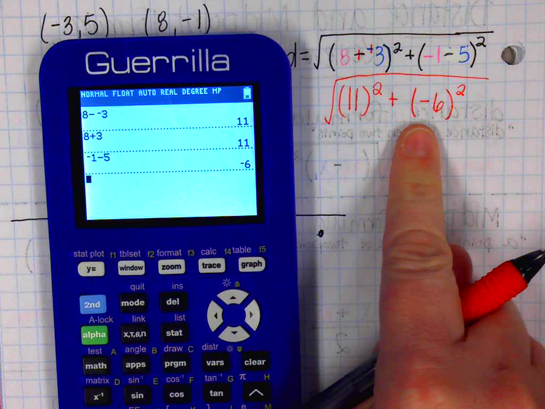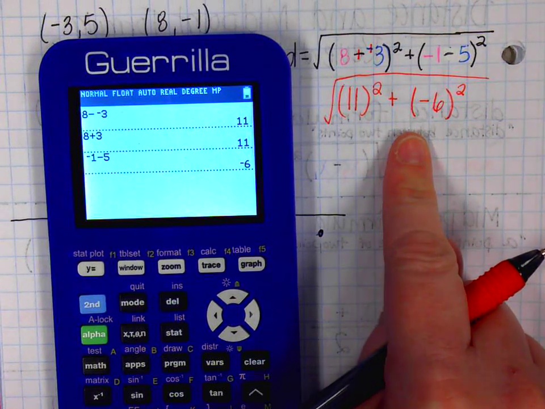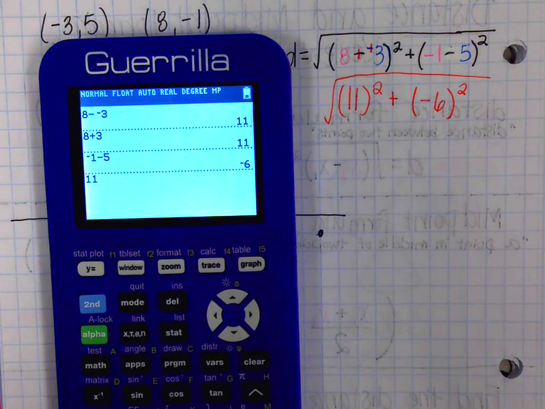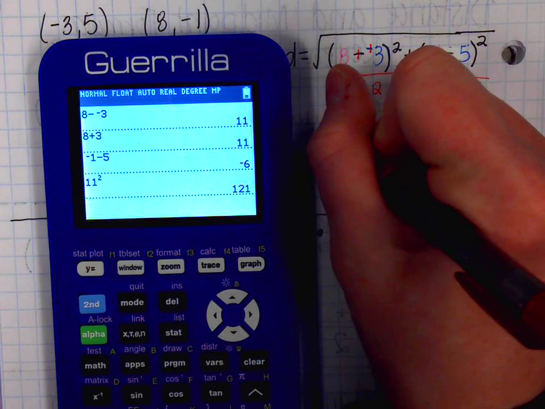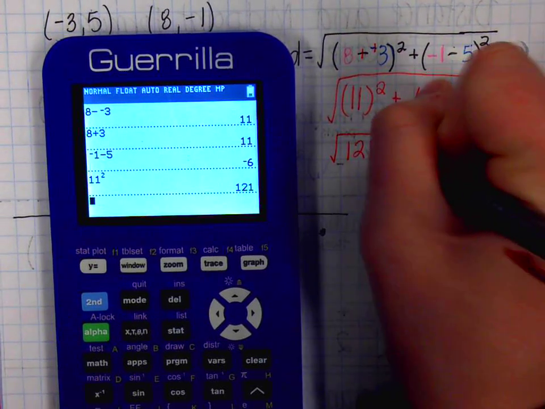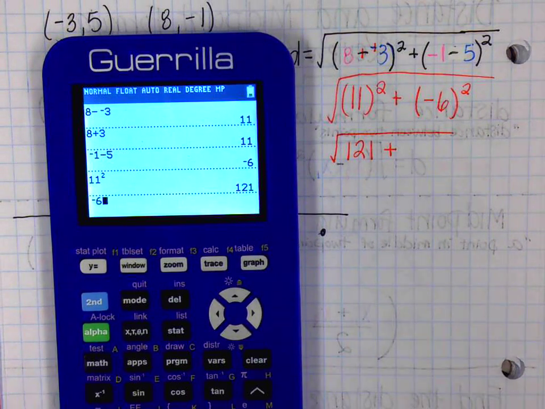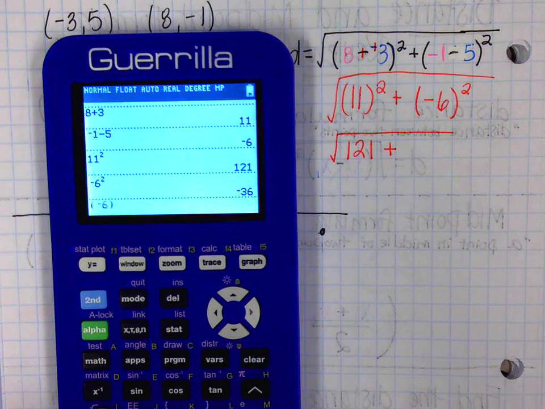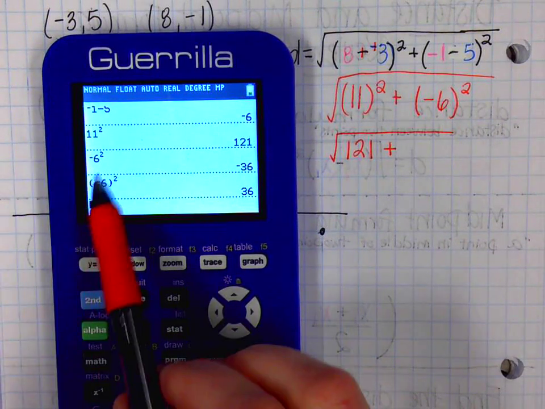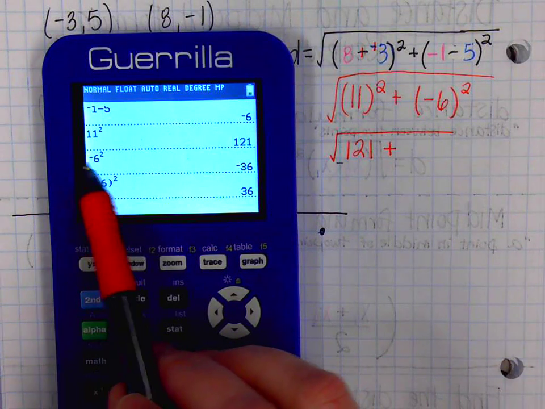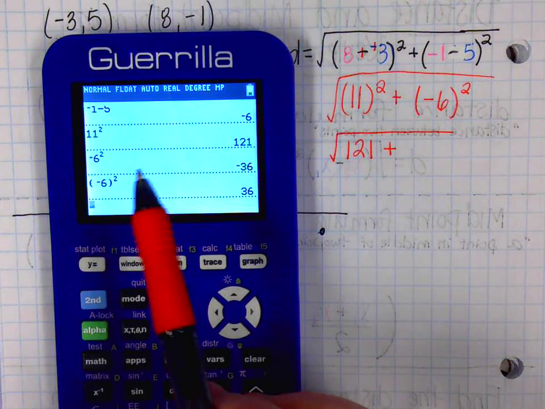Now, it's important that you put those parentheses, because if you don't, it's going to mess you up. So 11 squared, 11 times 11 is 121. I'll keep the plus sign. Now, look at the difference here. When you write it like this, you are telling it to square the 6 and then apply the negative.